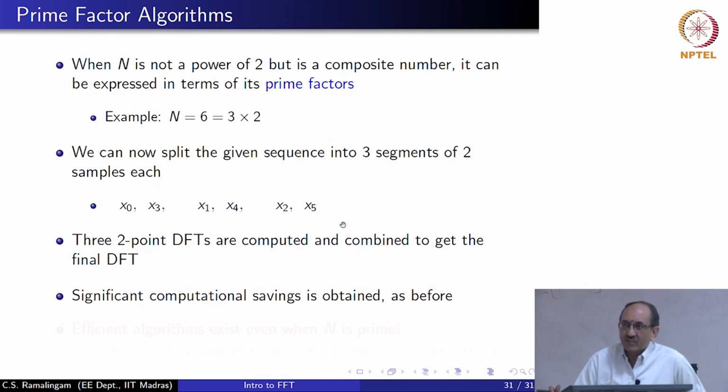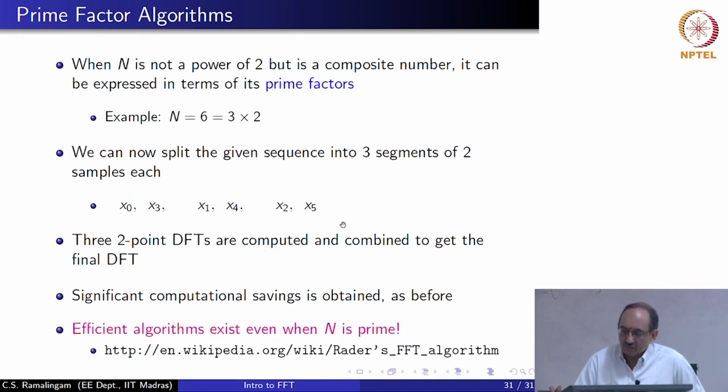And if 17 is prime, 17 minus 1 is not. So somebody really thought about this, really brilliant mind thought about this and came up with efficient algorithms even when n is prime. You can look up Charlie Rader's algorithm, Rader algorithm for prime. So even for prime, this exists.